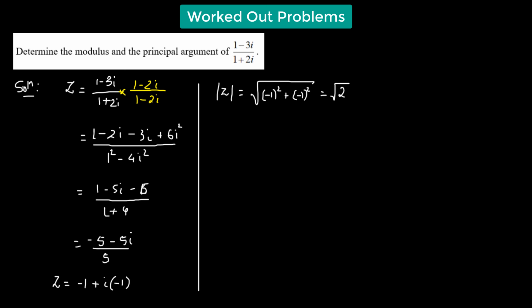Now we see that the real part of our complex number z is -1, which is less than 0. Also the imaginary part of our complex number z is less than 0. So that means complex number z lies in the third quadrant.